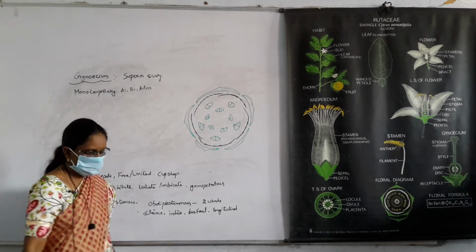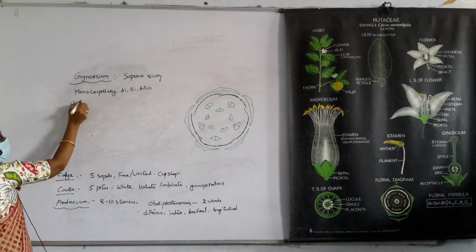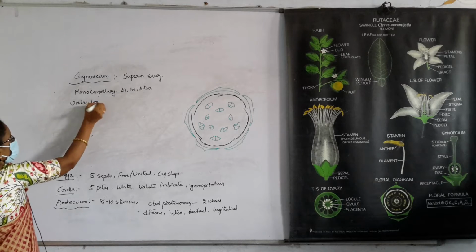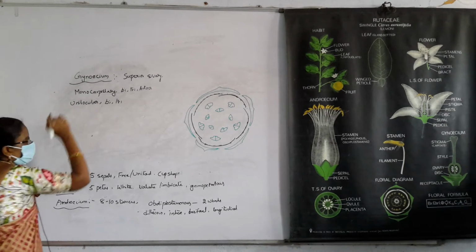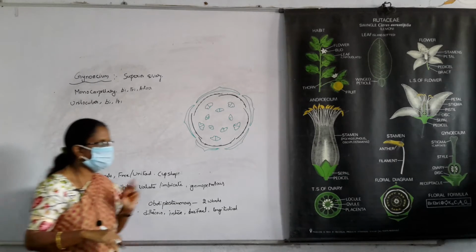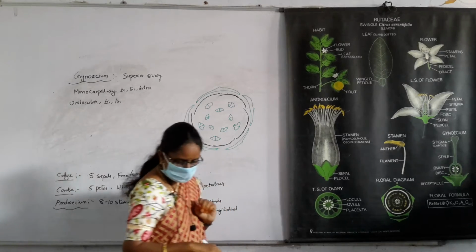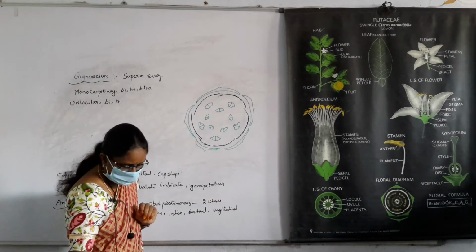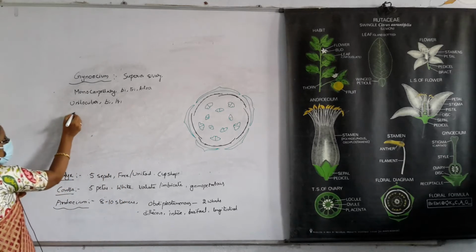And normally the ovary is unilocular, bilocular or trilocular. Only one locule is present, or 2 or 3 locules are also present. The placentation is normally axial placentation.